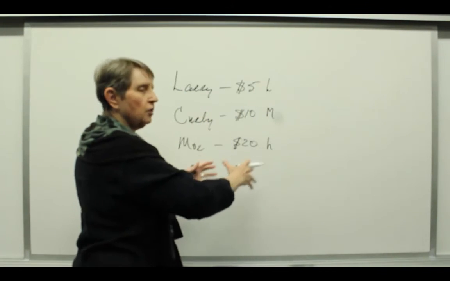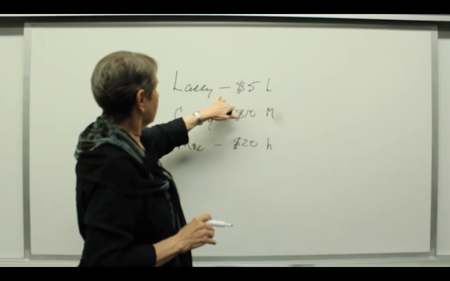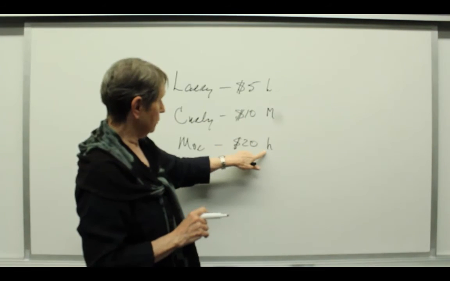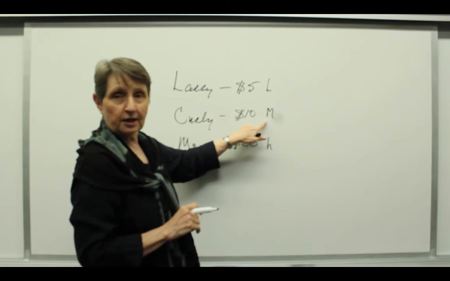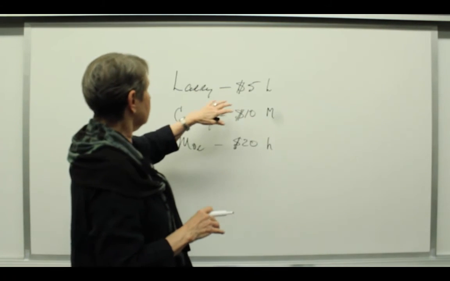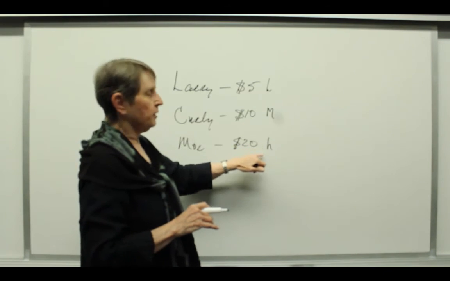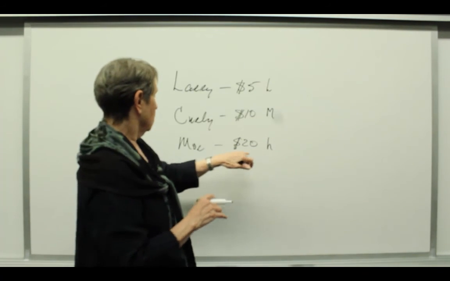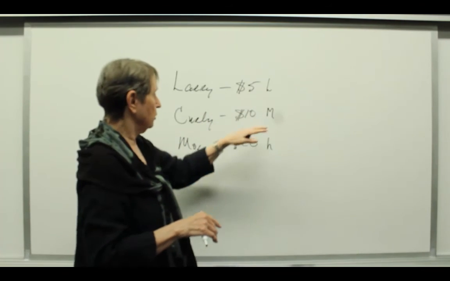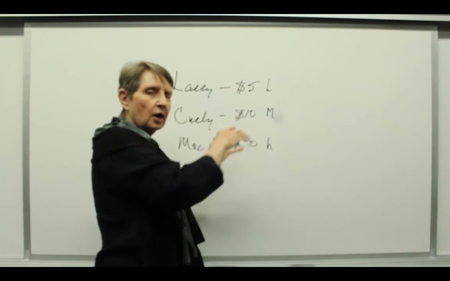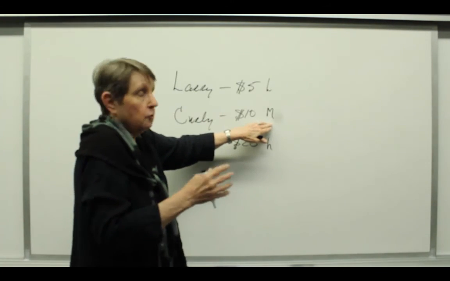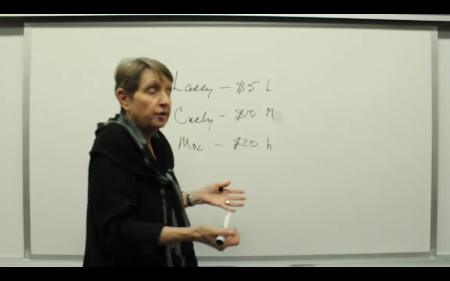If we take all three votes, Larry will vote for low, but Curly and Moe will vote for median, because even Moe prefers median to low. So median's going to win that vote. If we say, shall we do median or high? Well, Moe's going to vote for high, but Curly and Larry are both going to vote for median. So it doesn't matter how you pairwise these votes, median's always going to win. This is why we call it the median voter theorem.